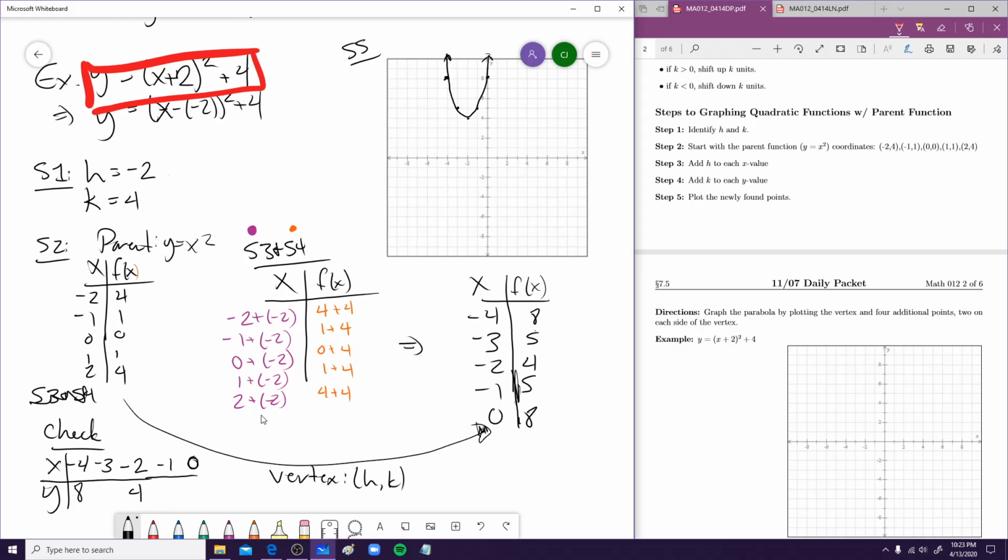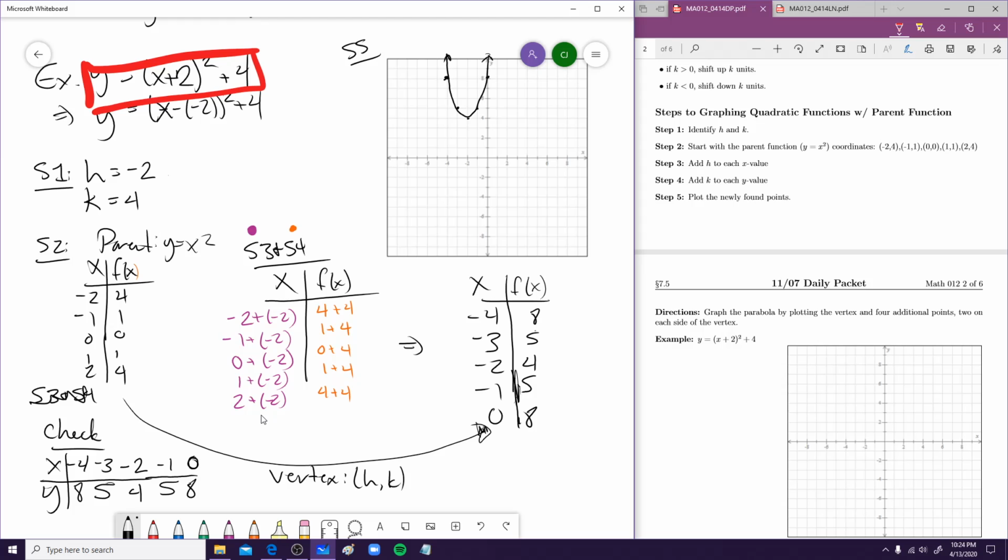Over here. All right, -3. That's going to be (-1) squared. That's 1. 1 plus 4 is 5. Again, -1 plus 2. That's 1. 1 squared is 1. 1 plus 4 is 5. And then lastly, when you plug in 0 for x, you get 2 squared, which is 4. 4 plus 4 is 8.